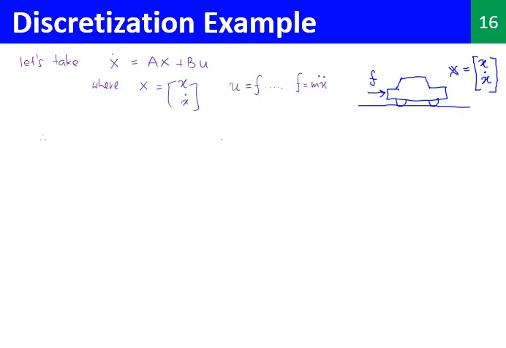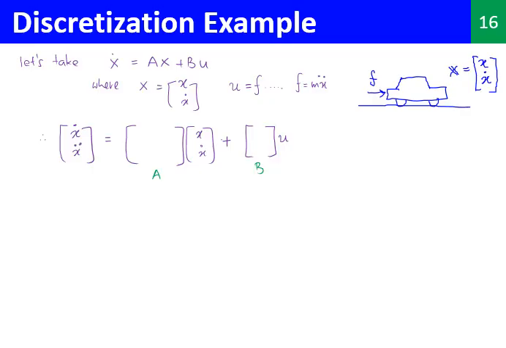On the left hand side what I have is capital X dot, so I will get x dot and x double dot here equals some A matrix times X plus some B vector actually, and u is, let's take it as u. Okay, so we have to figure out what A and B are. So this is A and this is B.